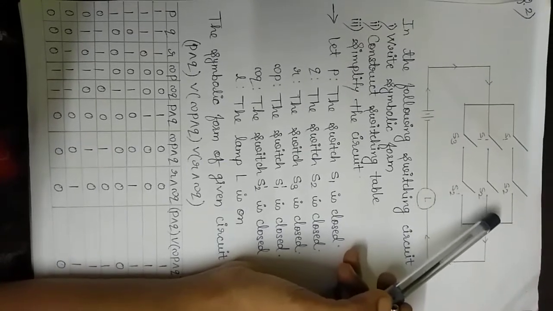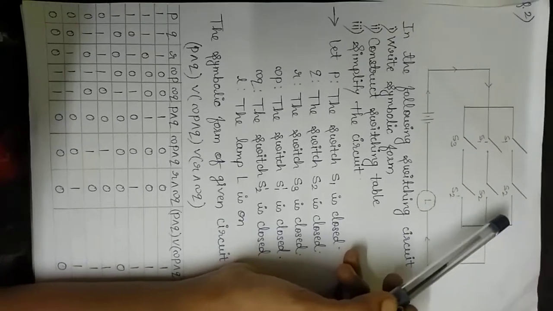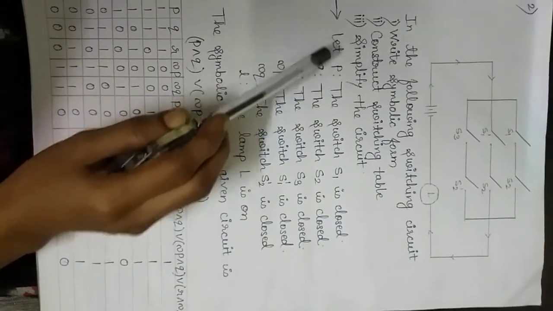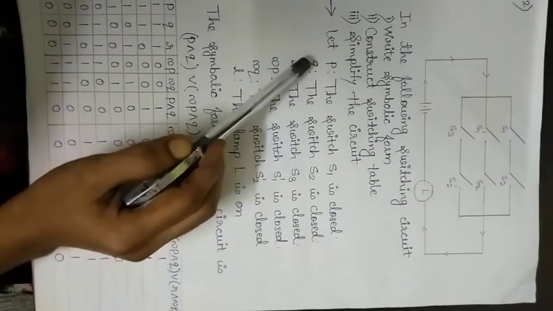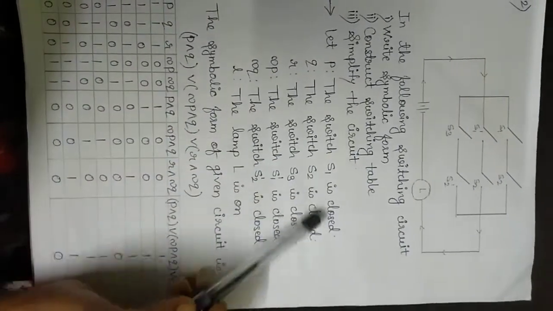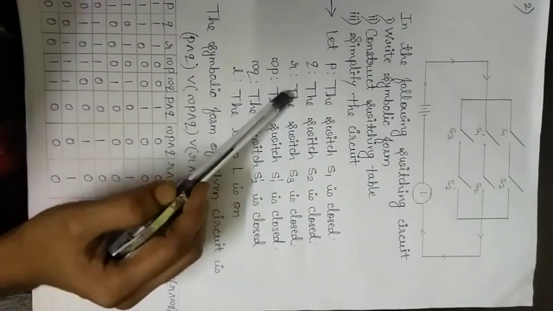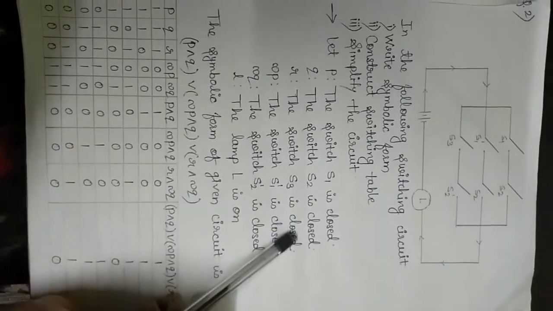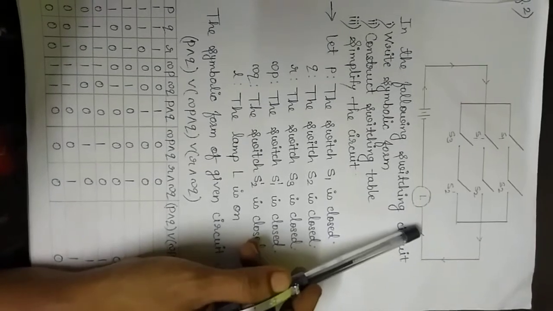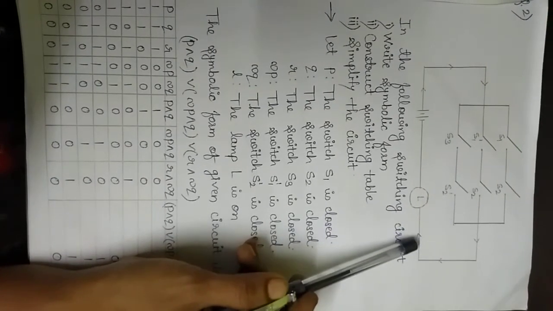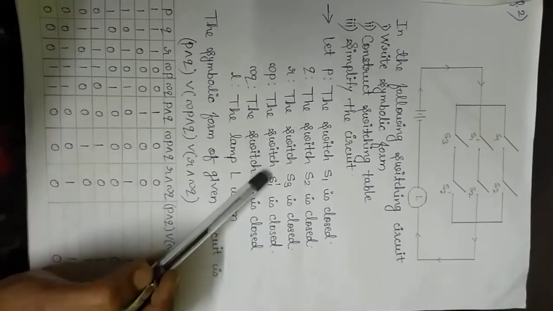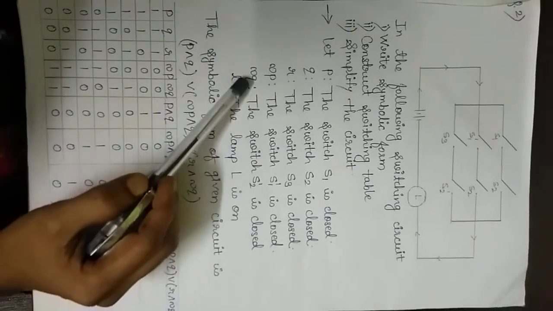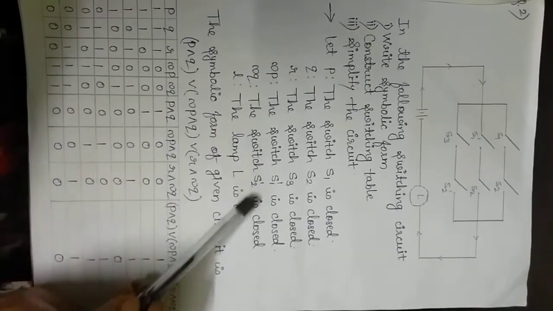Therefore we will use 3 statements for this, P, Q and R. So let's start with P, the switch S1 is closed, Q, the switch S2 is closed, R, the switch S3 is closed. Now here we require S1 dash and S2 dash also. Therefore negation of P, the switch S1 dash is closed, negation of Q, the switch S2 dash is closed.